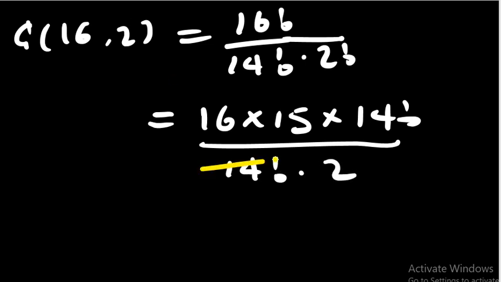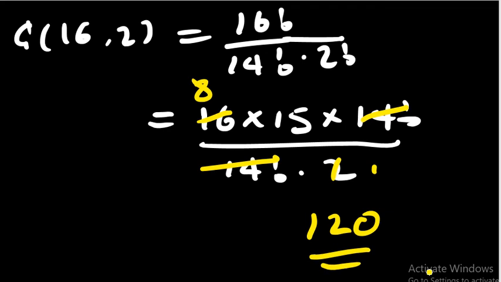This time again we can cancel 14 factorial, and by 2, 1; this by 2, 8. 8 times 15 is 120. So we do have 120 different ways of games. Teams have to be from different companies. Yes.